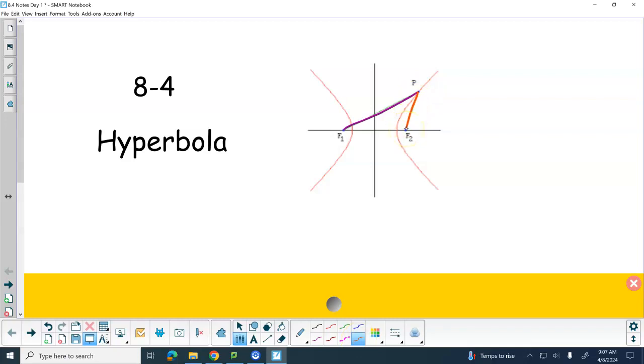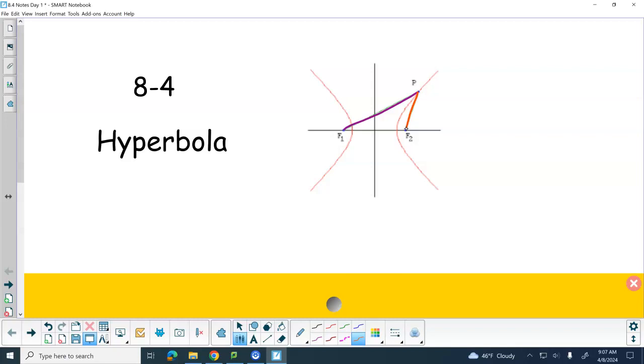So in an ellipse last week, it was the sum of the distances to the two foci that was the same. Here now, it's the difference of the distance to the two foci that is the same.